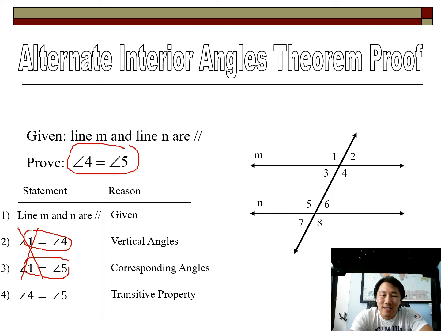It is the transitive property. That's how a proof works, you use what you know to prove something. Again, that is not the only way to do that. There's a lot of different ways to show angle 4 is equal to angle 5, but this is the most straightforward way. If you come up with a different way, definitely show me, and then I'll see if it works or not.